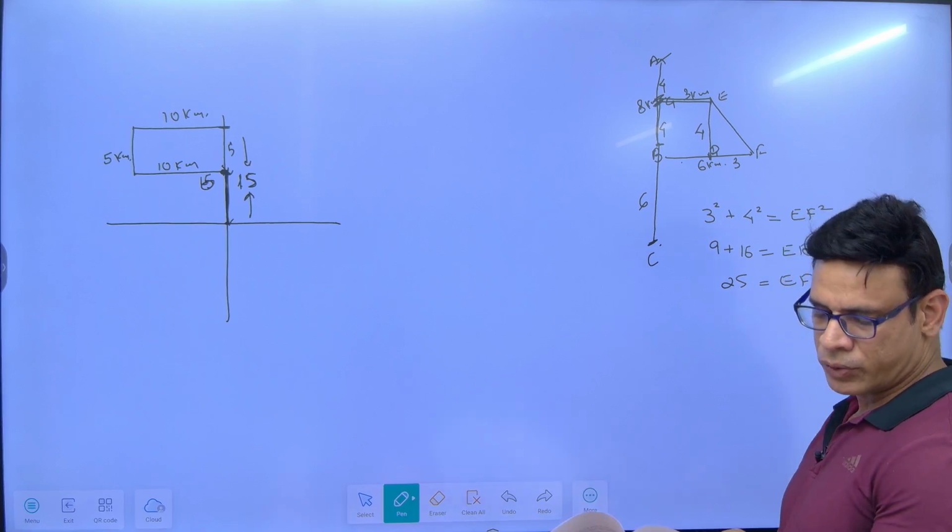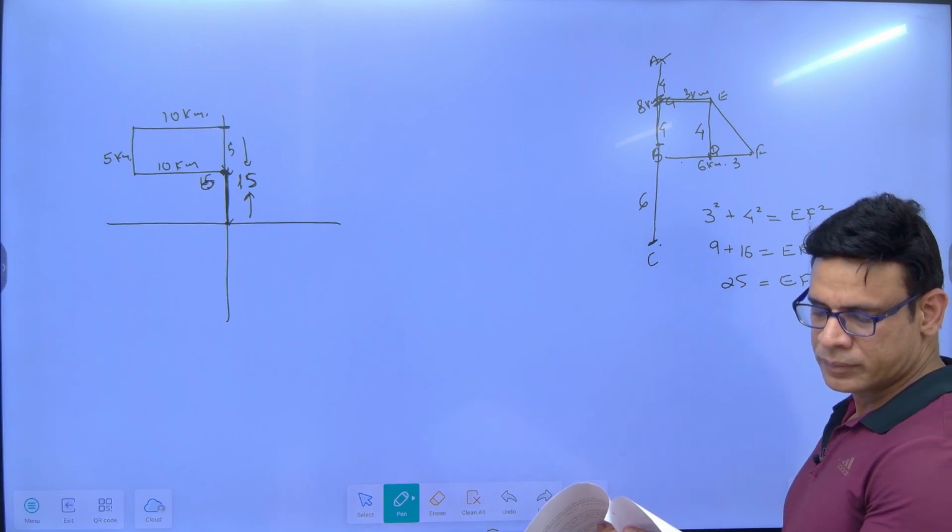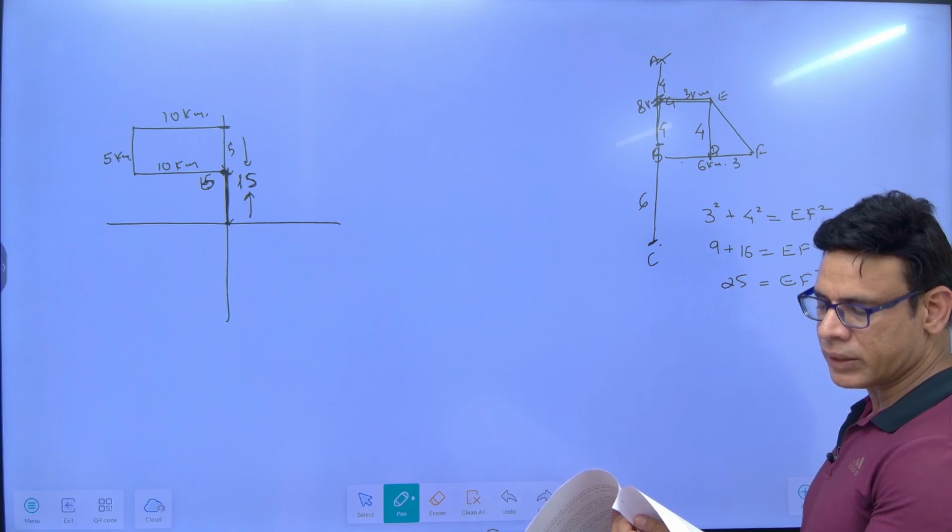This is continuation of fourth question only. Seventh and eighth is continuation of this only.